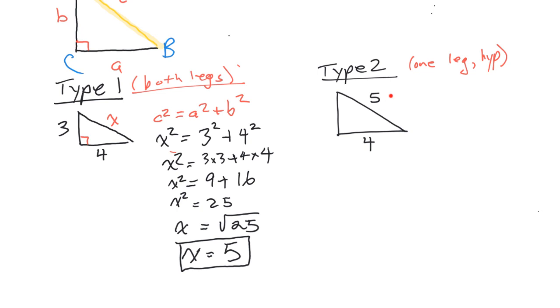So we had something like this. 4 was here, and our missing side was on the other leg of our triangle. Okay? In this case, we're going to label the missing side x again.